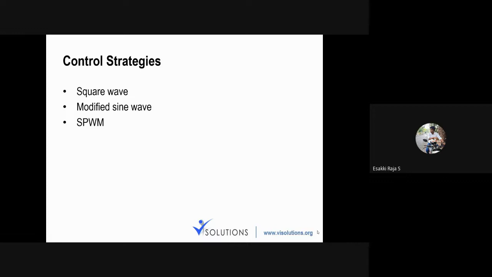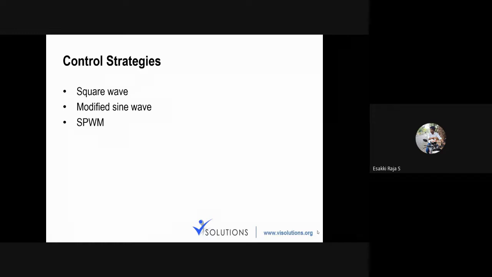Sine is not the only AC signal. Square, triangle, sawtooth, all these signals are AC signals, whose amplitude value varies with time. So a square wave also can drive a motor.